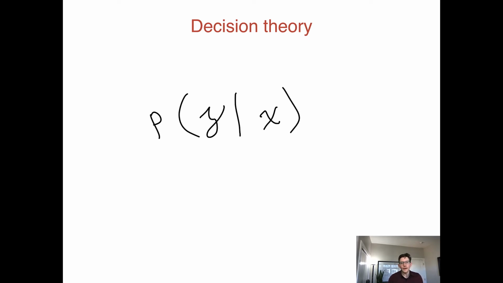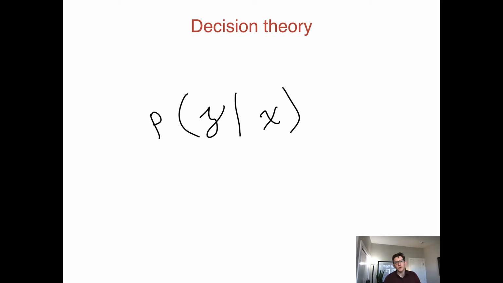So we focused mostly so far on the case where we've observed some values x and there's some value y that we're trying to do inference about, and we have come up with a probability distribution, probability of y given x.